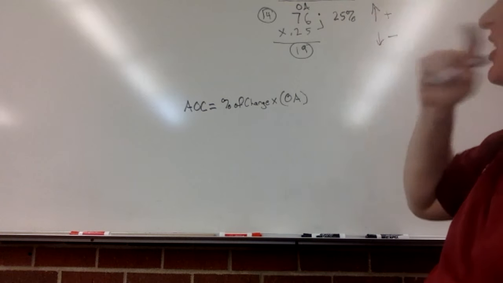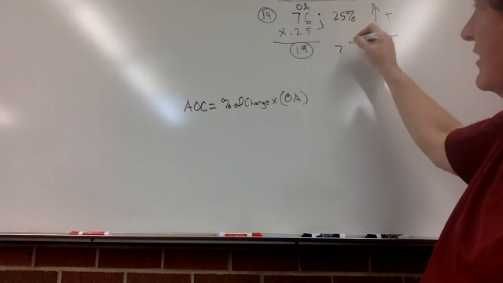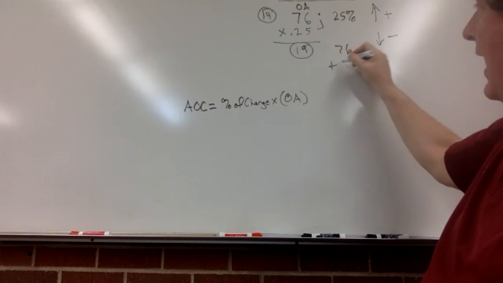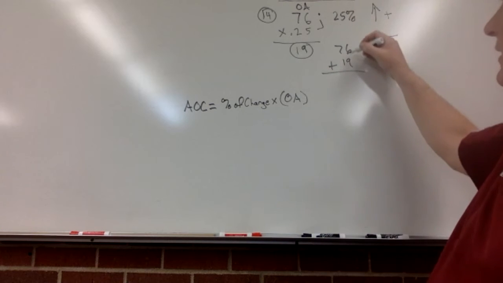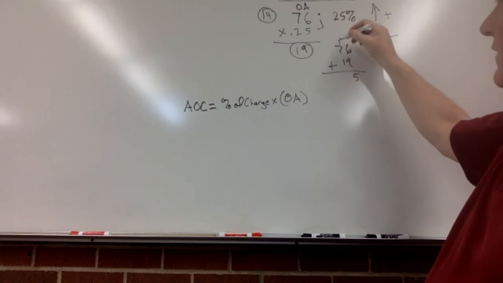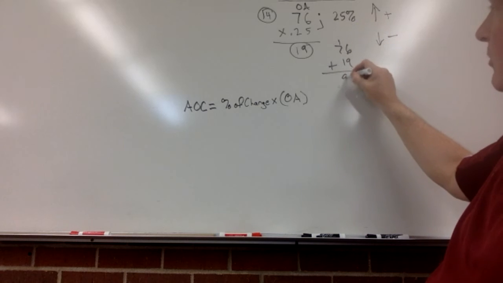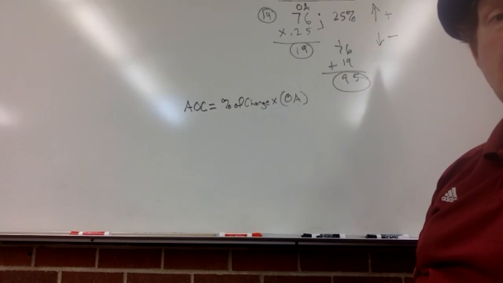In this problem, we're increasing. So we're going to take 76 and add it to 19. And that will give us the final answer we want. 6 plus 9 is 15, 7, 8, 9. So my final answer on number 14 is 95.